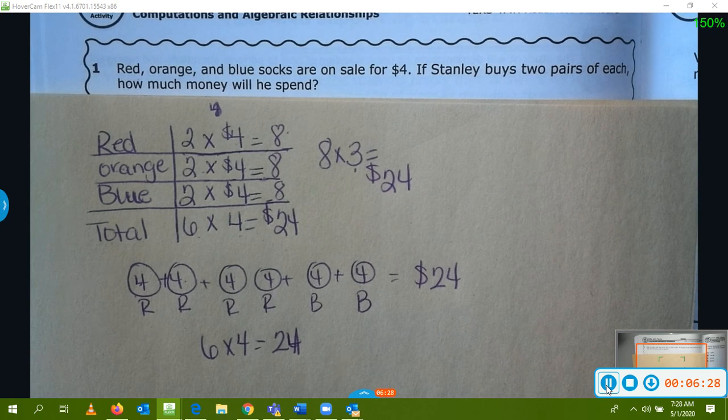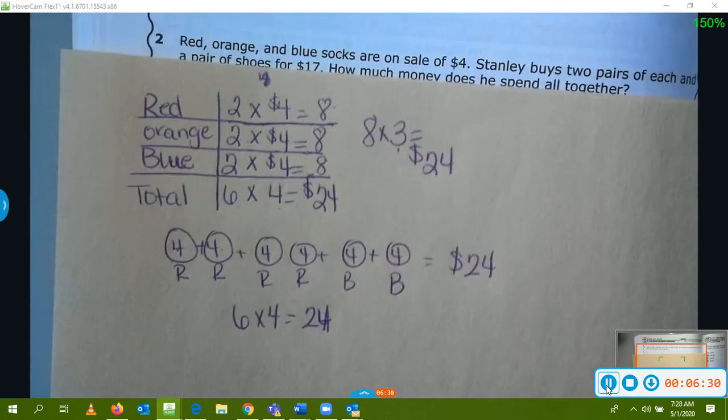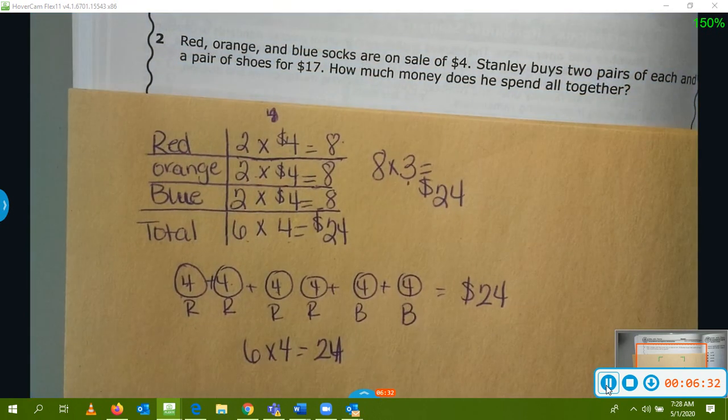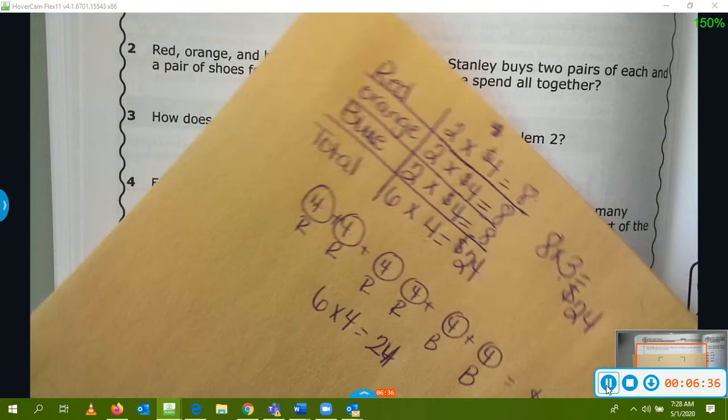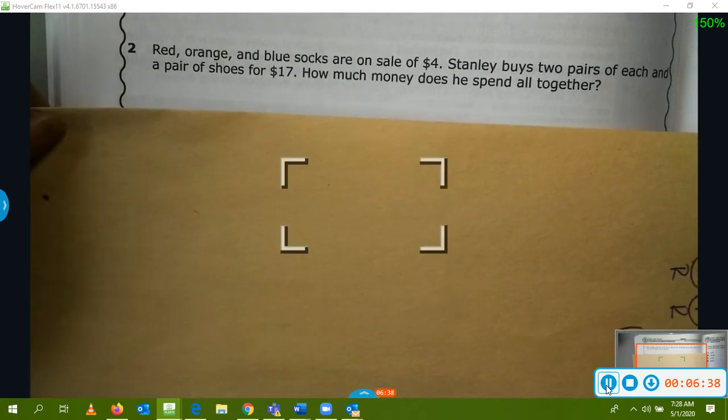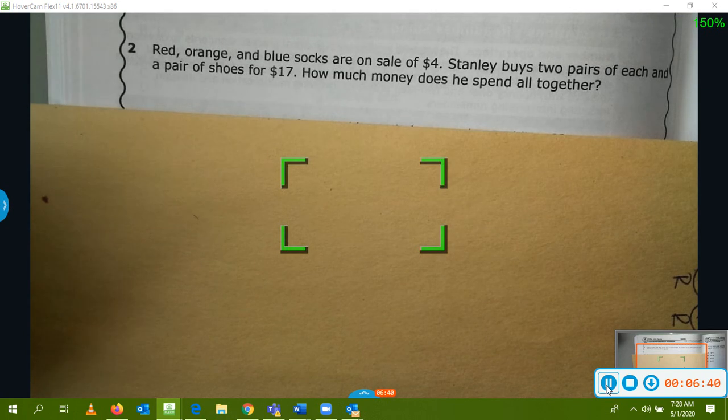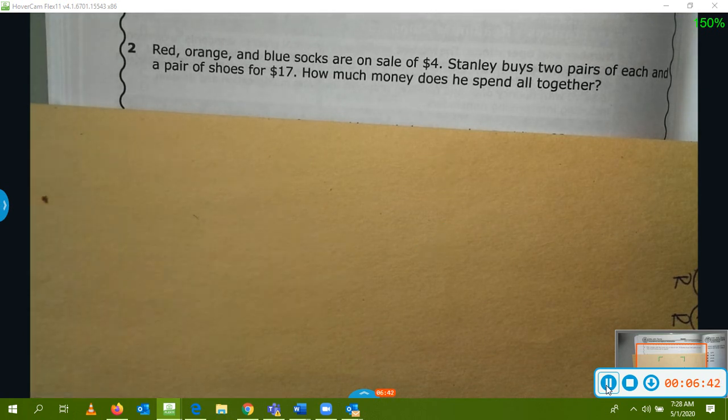Okay, let's move on to number 2. Red, orange, and blue socks are on sale for $4. Stanley buys 2 pairs of each and a pair of shoes for $17. How much does he spend altogether? He buys 2 pairs of each.